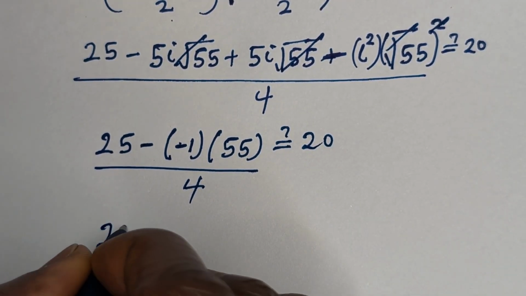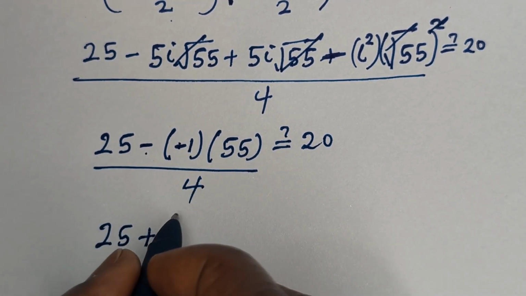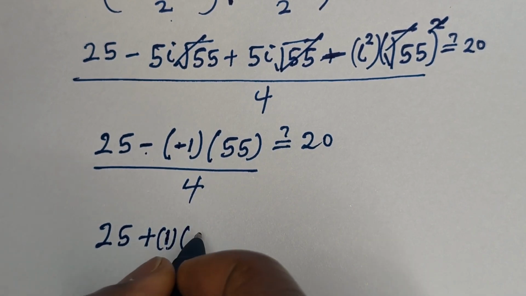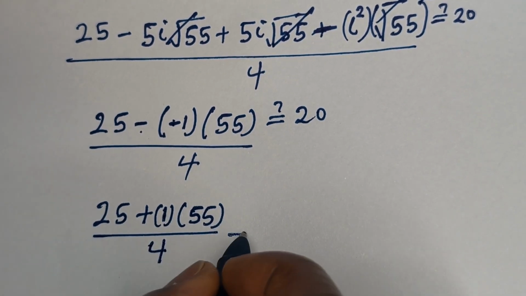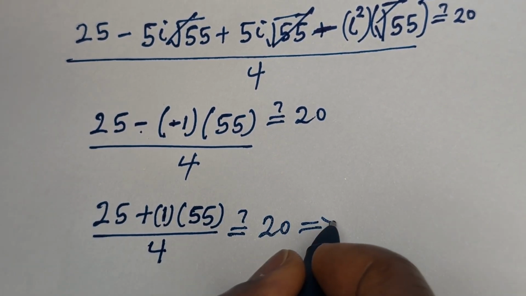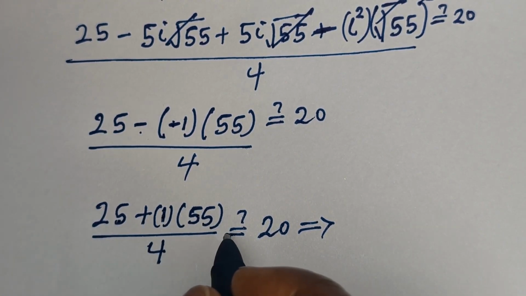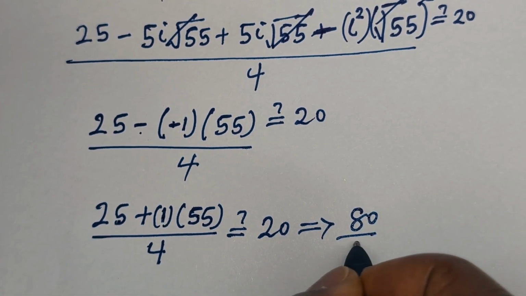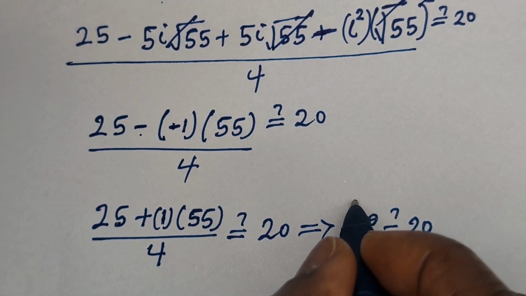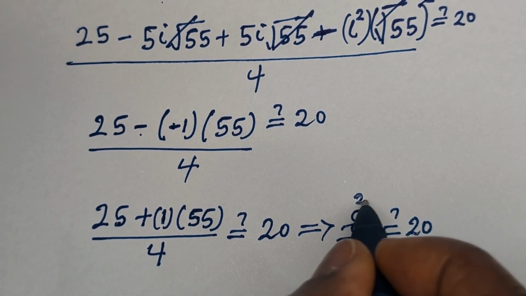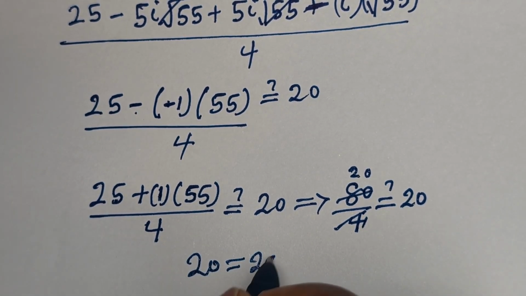Now this is 25, minus times minus 1, that will be plus 1, multiplied by 55 over 4, must be equal to 20. And this is the same thing as 25 plus 1 times 55, that is 80 over 4, must be equal to 20. 4 here 1, 4 here 20, therefore the left hand side 20 is equal to the right hand side 20, which is true.